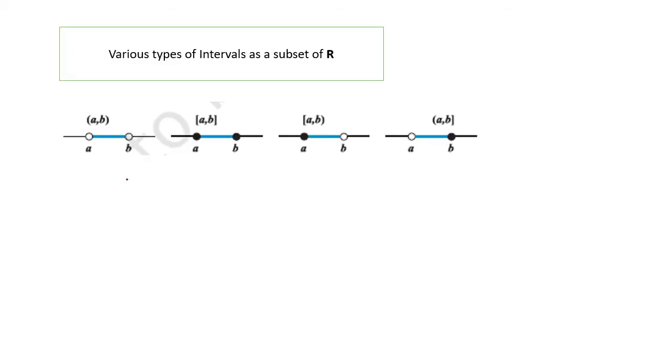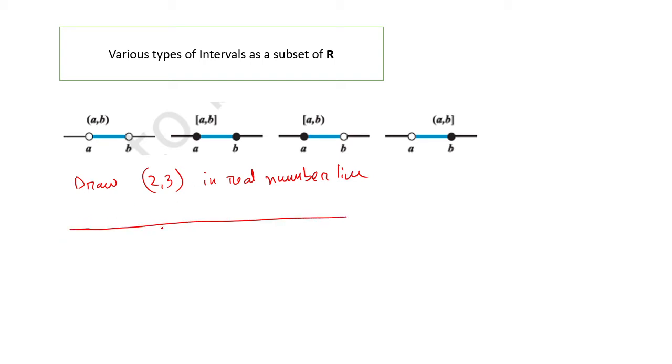Now we draw the interval. How to draw an interval? Suppose you are in the exam and you are asked to draw (2, 3) on the real number line. Then how will you do that? You just draw the real number line 0, 1, 2, 3, 4.